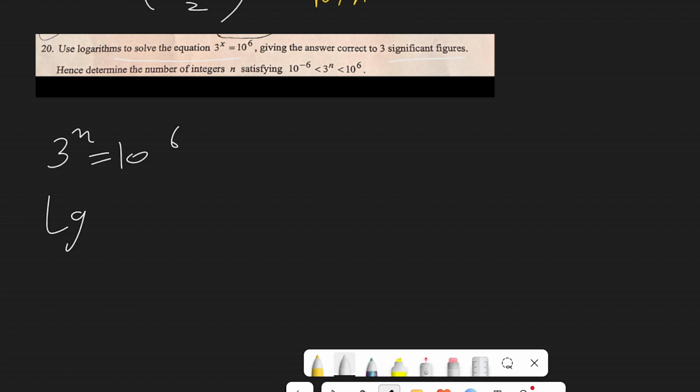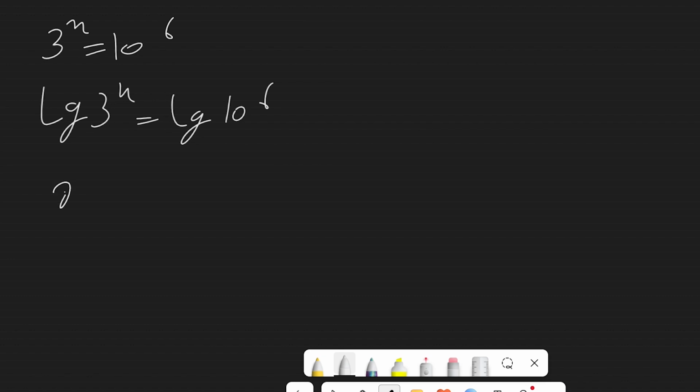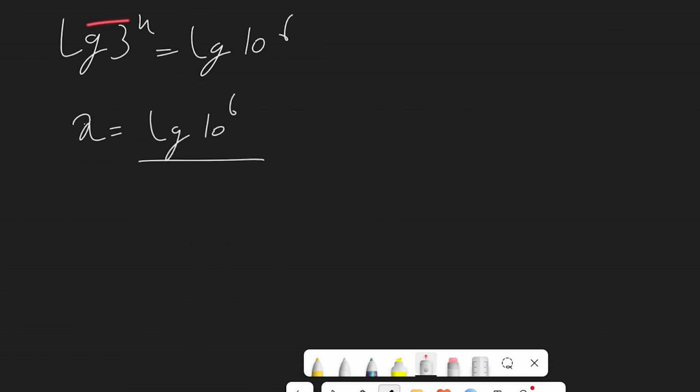It would be simply done by lg on both sides, lg 10 power 6. So x would be lg 10 power 6 over lg 3, because I brought this x down, so now it is a multiple, and lg 3 would be divided on this side, so the denominator would be lg 3.